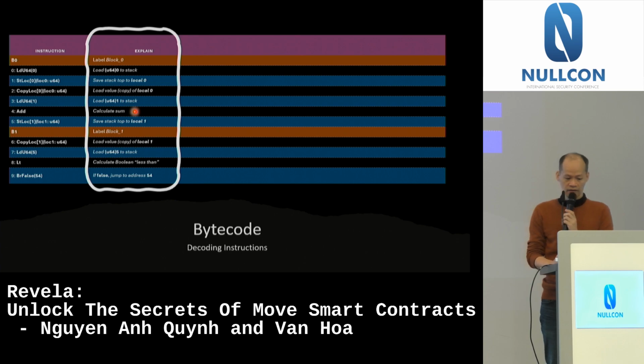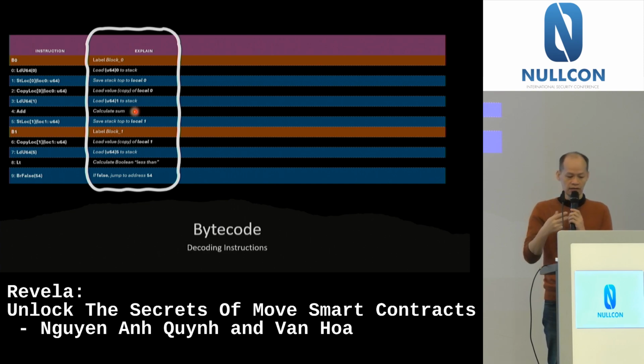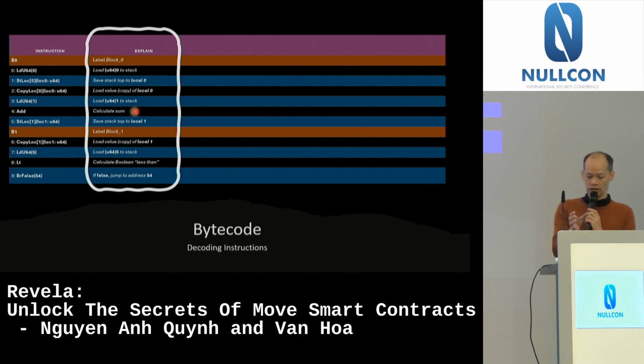Instruction 4 pops out the top two values of the stack, adds the two numbers, and finally saves the result back to the top of the stack. And instruction 5 saves the value to the local variable 1.